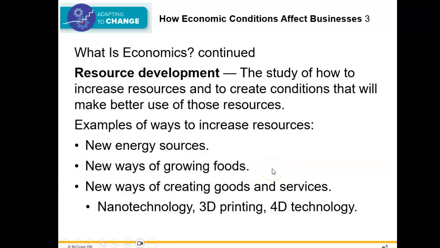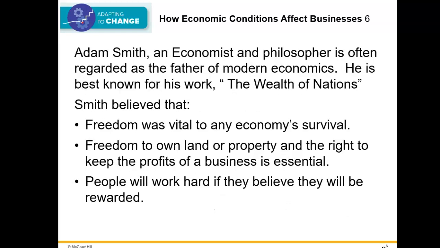How can we make food safer, with less pesticide, things of that nature, new ways of creating goods and services, whether it's nanotechnology, 3D, 4D print technology. We are always looking at ways to increase the resources here in the United States of America.